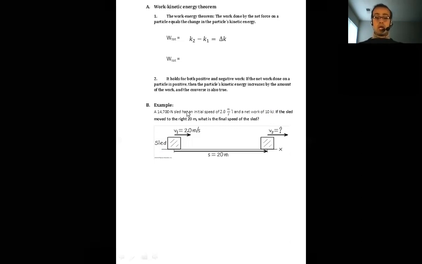So total work is given by some final kinetic energy, K2, minus some initial kinetic energy, K1, or it's equal to the change in kinetic energy. You can also say that the total work is equal to some final kinetic energy, K, minus the initial kinetic energy, 0, of just a ball that's sitting and not actually moving. So the total kinetic energy of an object equals the total work done on that object.